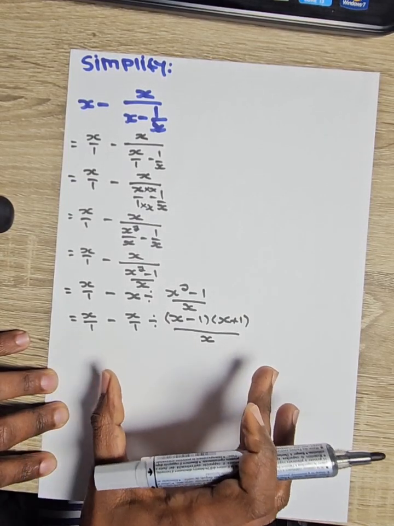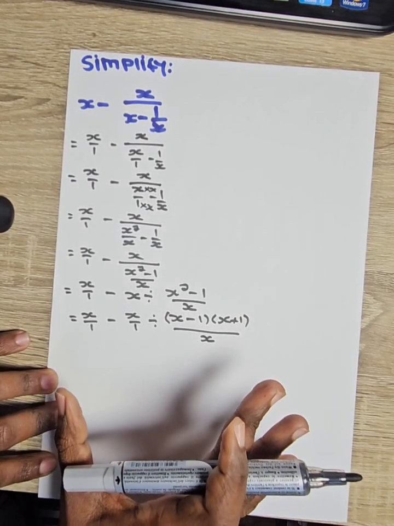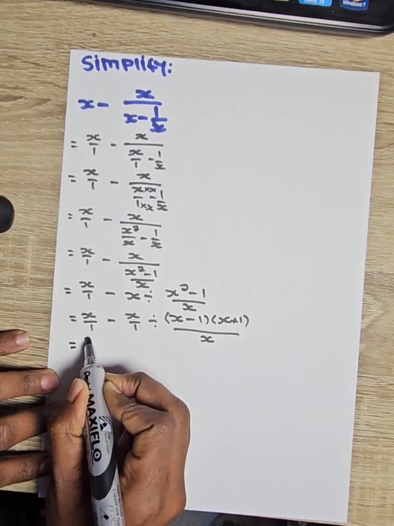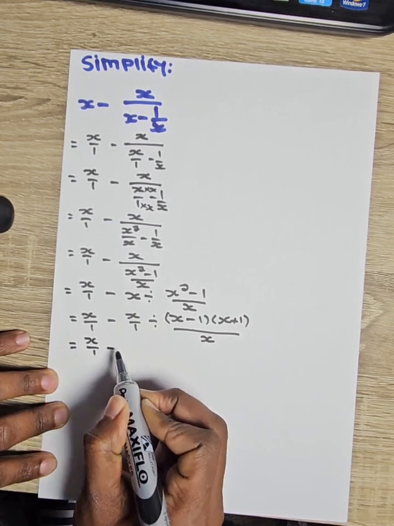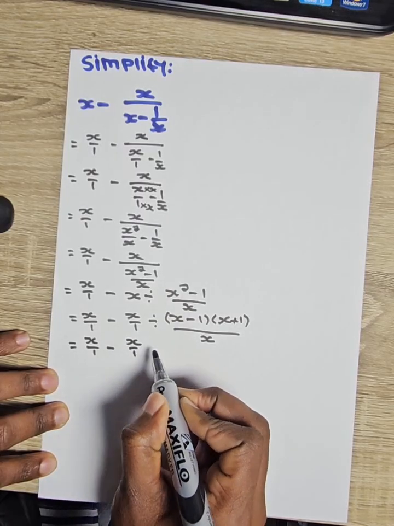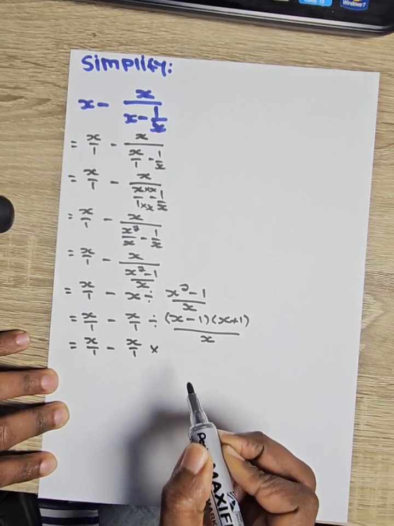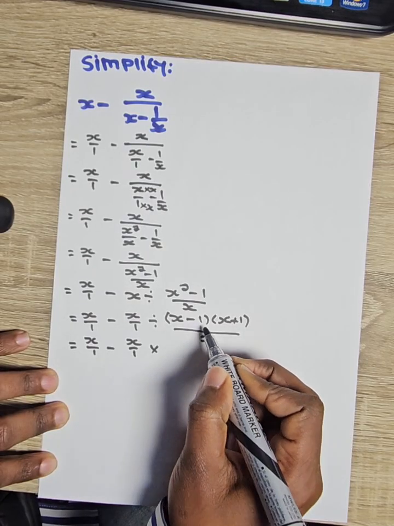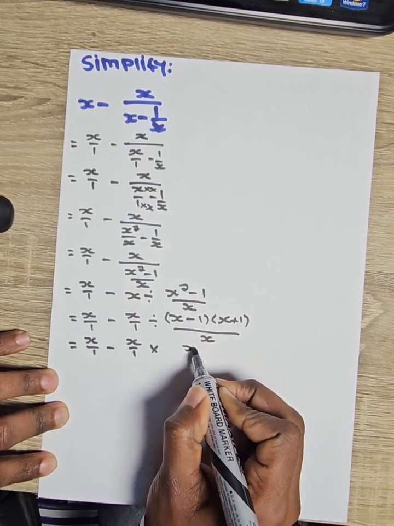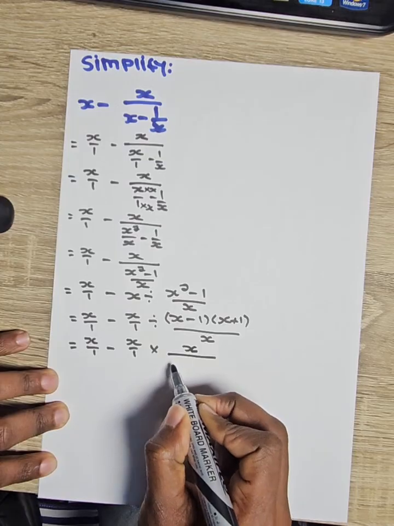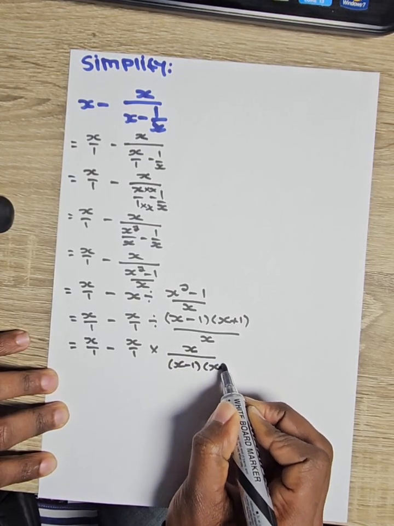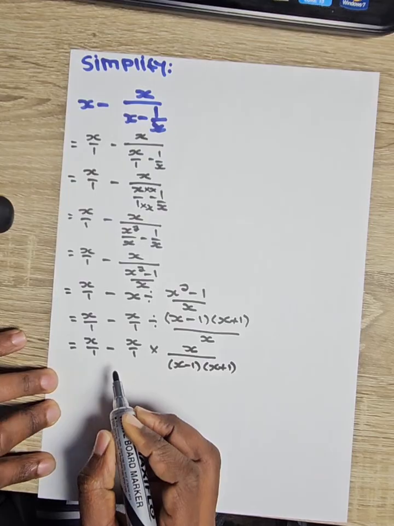Now I have a fraction within a fraction everywhere, and one term over one term. I will therefore say this equals x over 1 minus x over 1 multiplied. I must change the division sign into multiplication, and this fraction I must convert, which will be x over the two brackets of x minus 1, x plus 1.